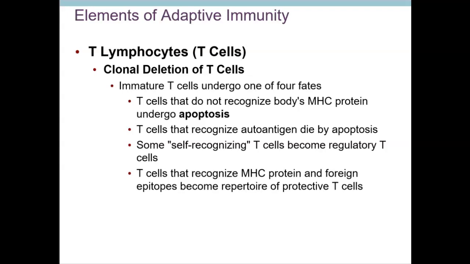And then some of the T cells that aren't any of those, they recognize the MHC protein, so that's good, and they recognize foreign, not self, epitopes. They become your protective T cells that circulate in your body, move into your lymph nodes, hang out, and screen the fluid that moves through the lymph nodes on its way back to the circulatory system.